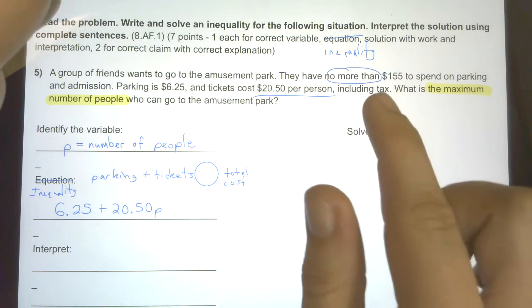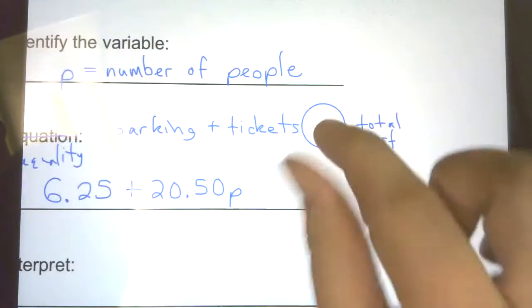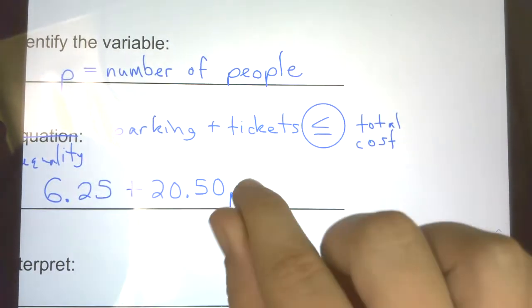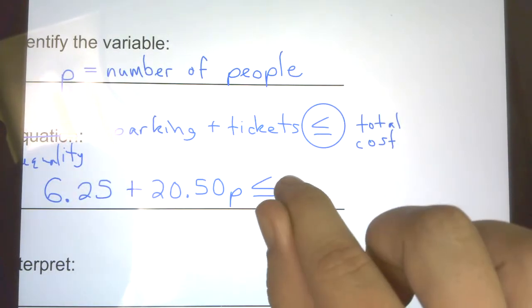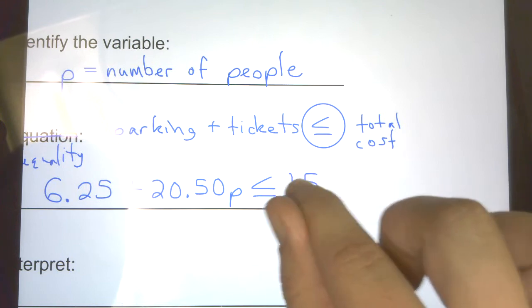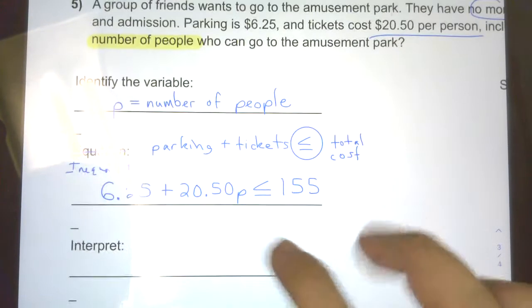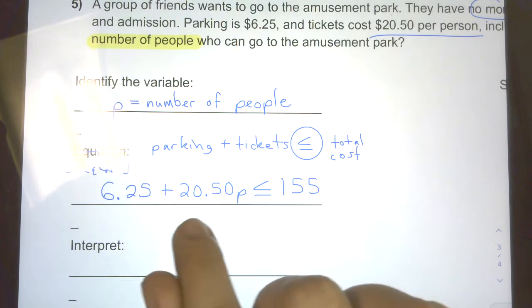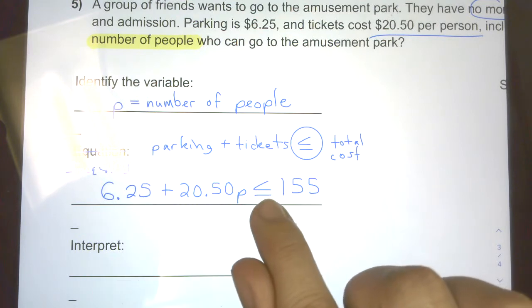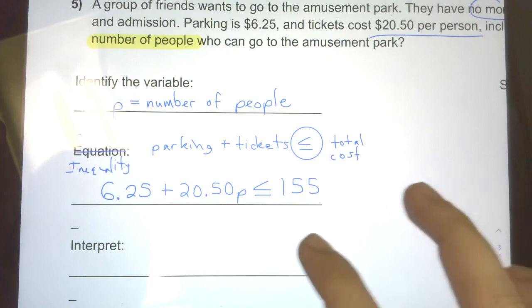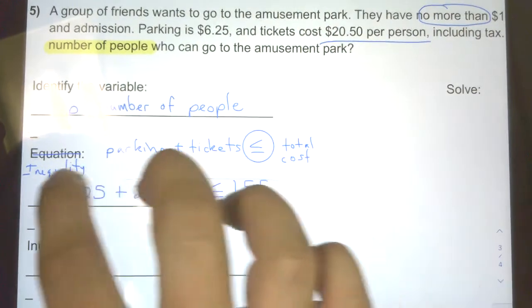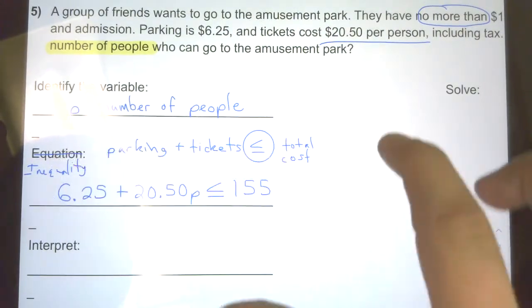So the inequality sign that I'm going to use here is must be less than or equal to the total cost, which is $155. Whatever they are spending to get into this park has to be smaller than or the same as $155. So that is our inequality that we're going to use.